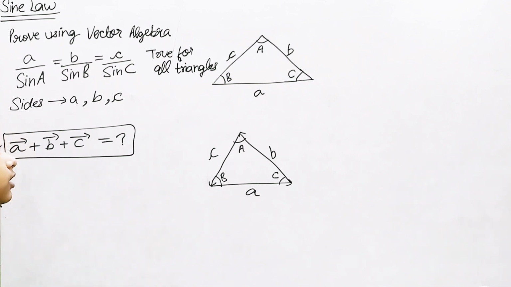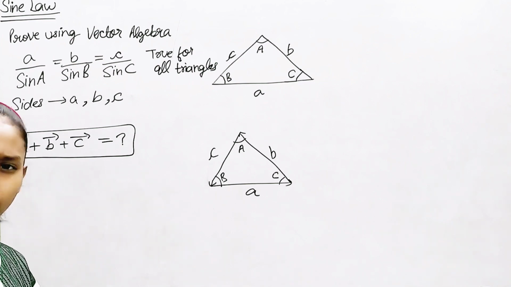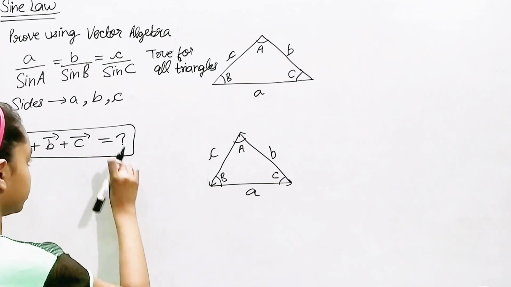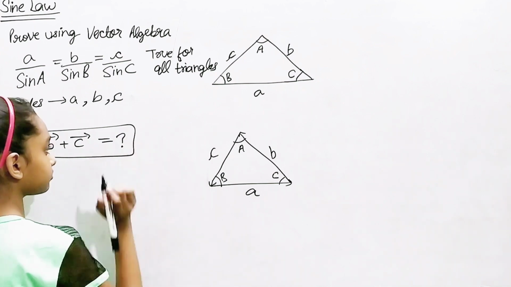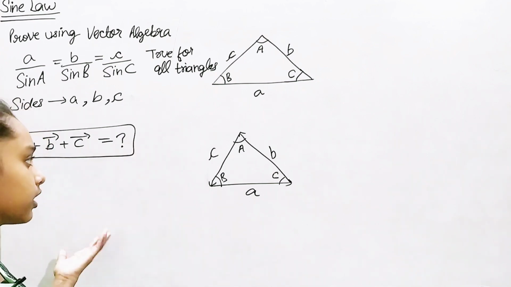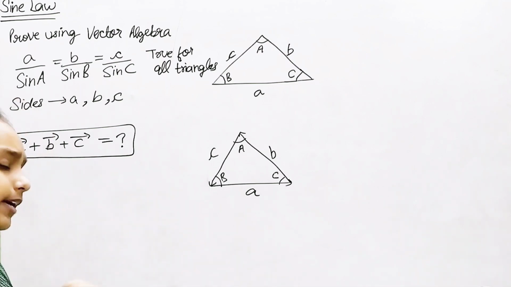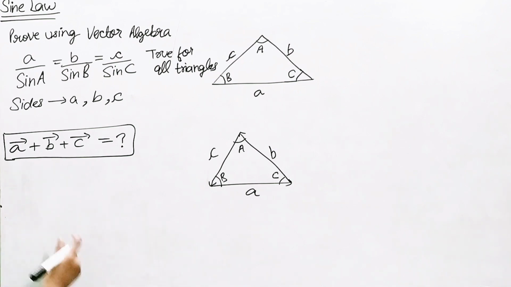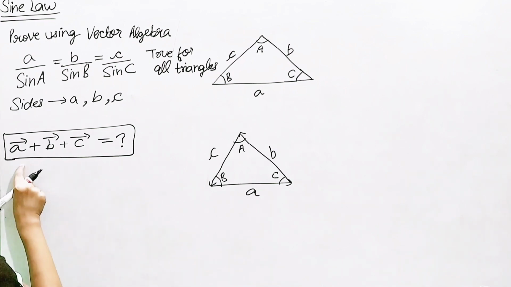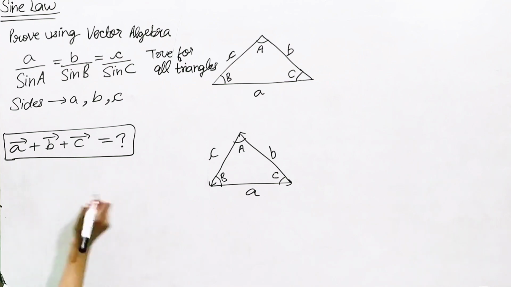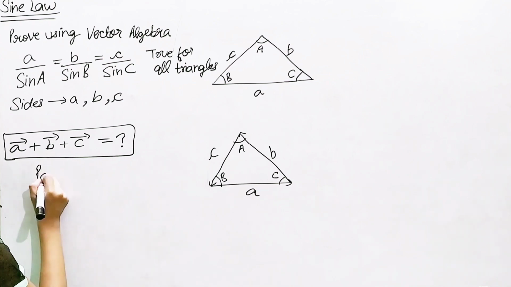Did you forget, or do you remember? Do you know what the polygon law is? I hope you already know that. So we're going to find the sum of vector A, vector B, and vector C by using the polygon law.